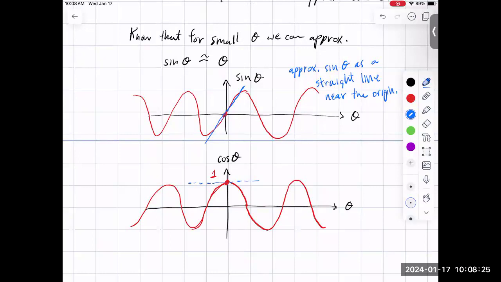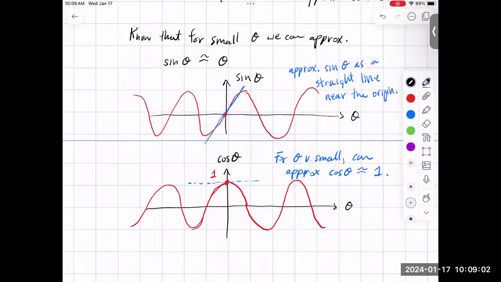If we move a little bit away from theta equals 0, the function drops a little bit, but only a little bit. And so as long as we don't move too far away from small values of theta, cos theta is approximately 1 is a good approximation. So for theta very small, cos theta is approximately equal to 1.